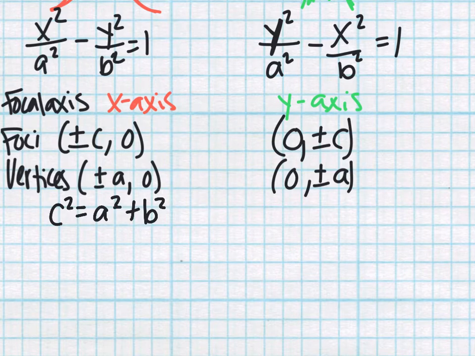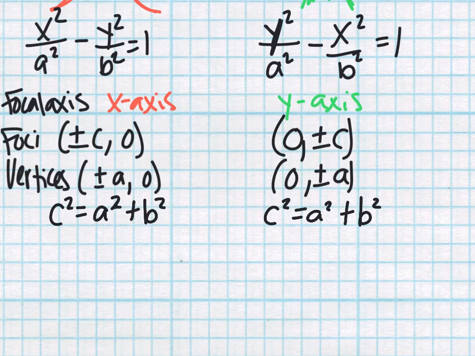So we just rearrange it depending on which one we're working with. This one's usually the formula we use for Pythagorean theorem, a squared plus b squared equals c squared. So make sure you keep your Pythagorean relation connected to the specific conic section that we're talking about.